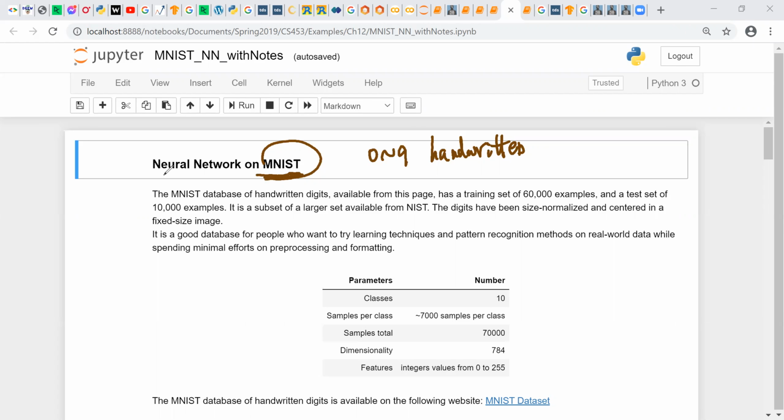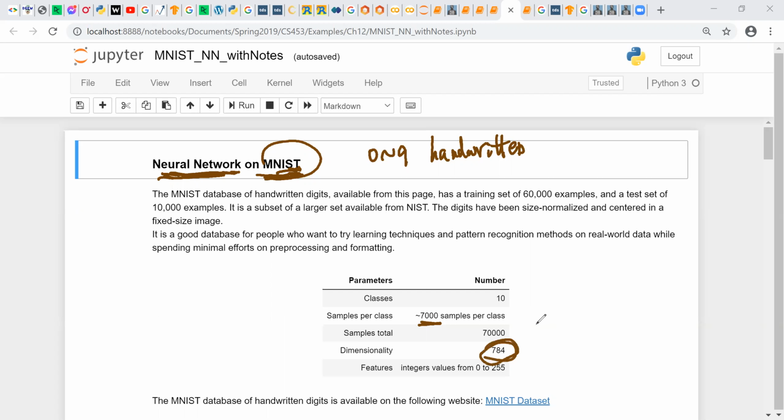Previously, I remember we learned using some other machine learning approaches. This time we are going to see how to use a neural network to train the classification. In total it has 7,000 samples, and the dimension is 784.